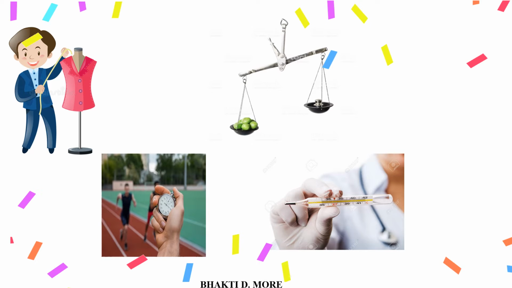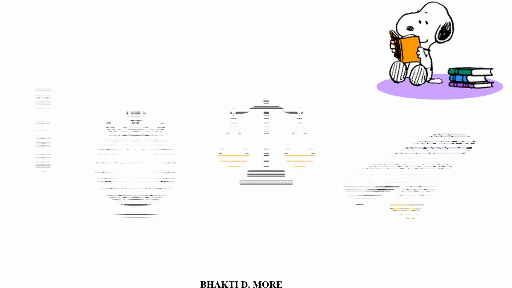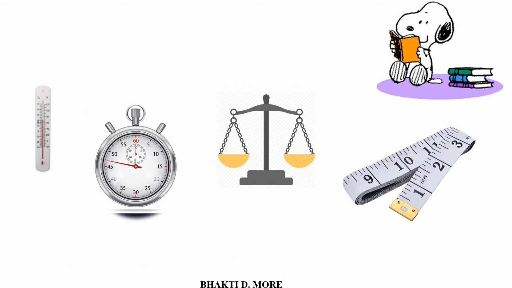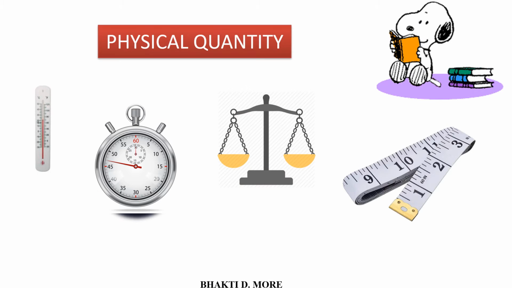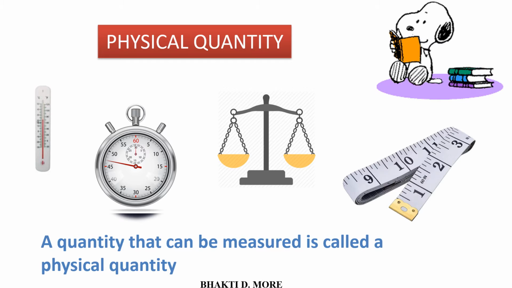Now in all these examples, we have measured length, time, weight, and temperature, which is nothing but physical quantity. So these instruments measure nothing but physical quantities. So what is a physical quantity? A quantity that can be measured is called a physical quantity.